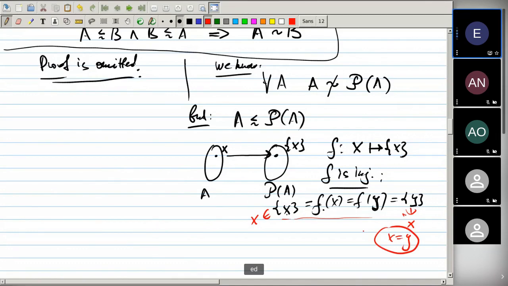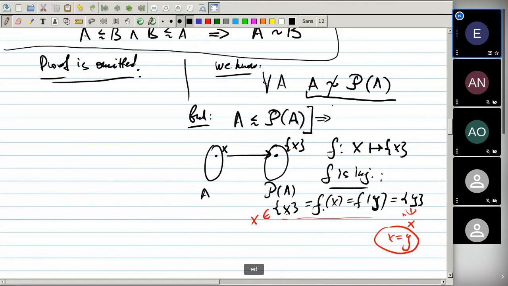Yes. So here you map every element to a one-point, a singleton subset. So of course there are at least as many subsets as there are elements. It is quite clear. But still there is no bijection. What does it mean?